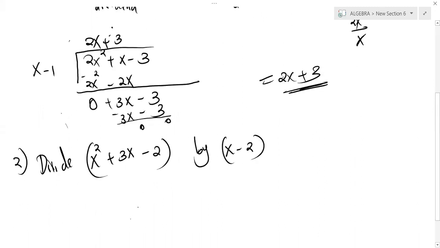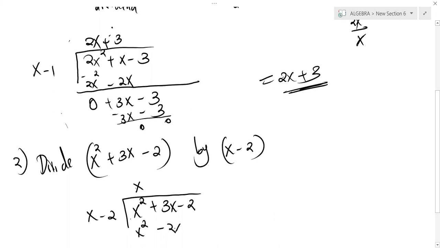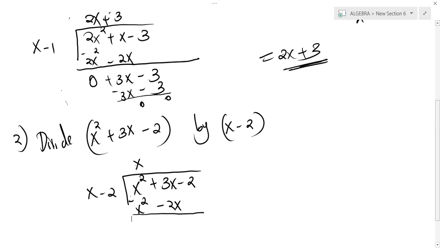To find the first term here, we take x squared, divide by x, and that will give us x. Use this x to multiply the whole of this, so we have x squared minus 2x. Subtracting this, x squared minus x squared will give us a 0, and 3x minus 2x will give plus 5x minus 2.